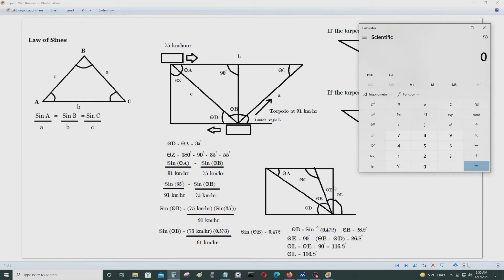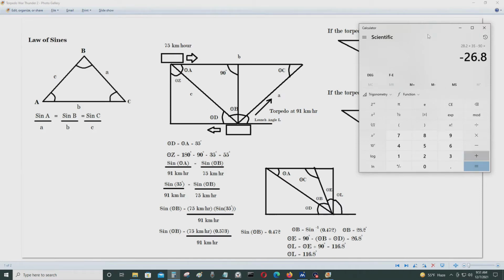If we want to solve for theta E, we could do that. So that's 90 degrees here minus theta B plus theta D. So theta B is 28.2, theta D is 35 degrees.